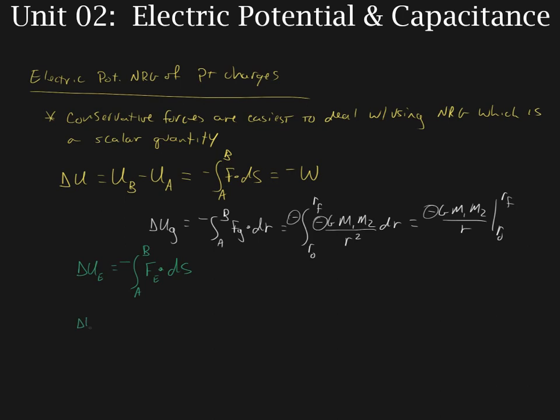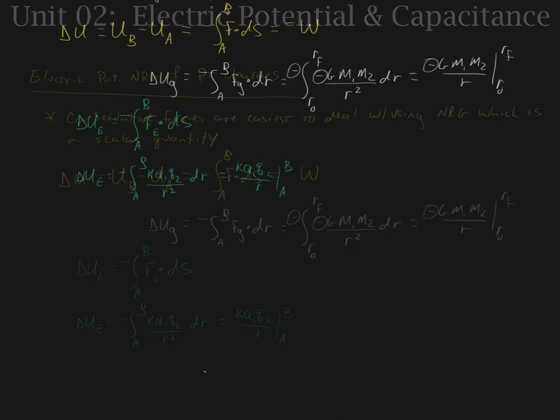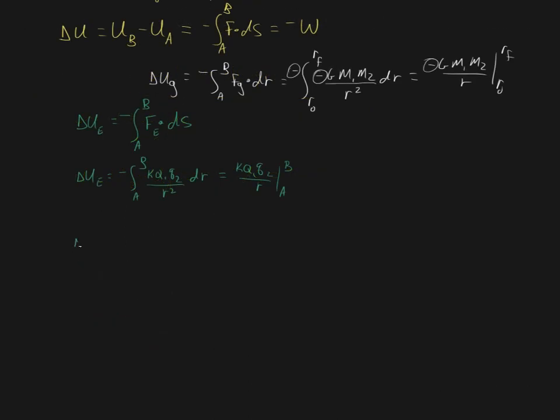So delta UE is equal to the negative of the integral from A to B of, now the electric force for a point charge is Coulomb's law, which is k Q1 Q2 over r squared times dr. And when you do that integral, you get k Q1 Q2 over r, and then we have to evaluate that from A to B.